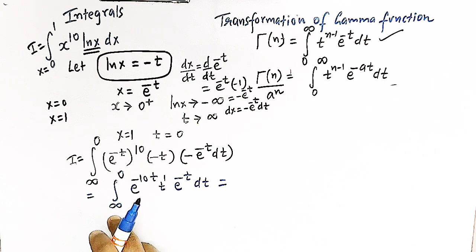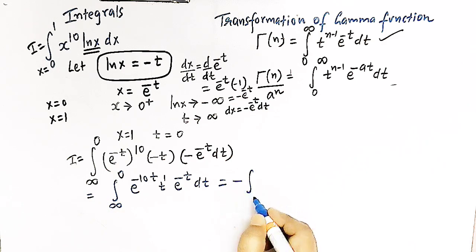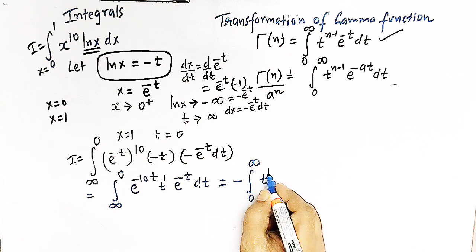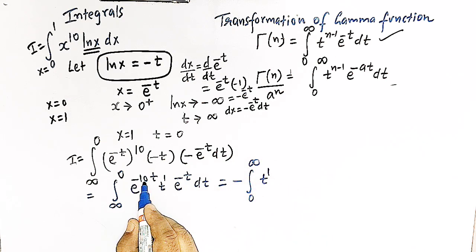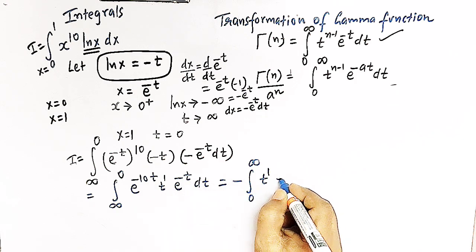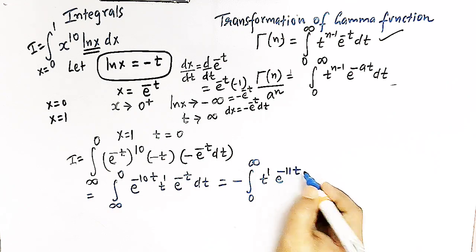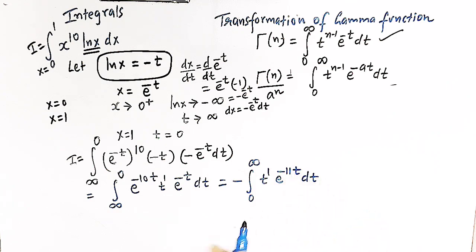Now let us interchange the limits by taking a negative sign in front of the integral, so we have minus the integral from 0 to infinity of t raised to 1 times e raised to minus 10t minus t, which we add to get e raised to minus 11t dt.